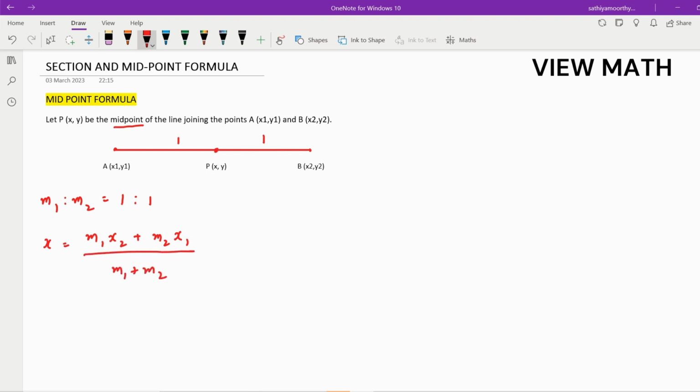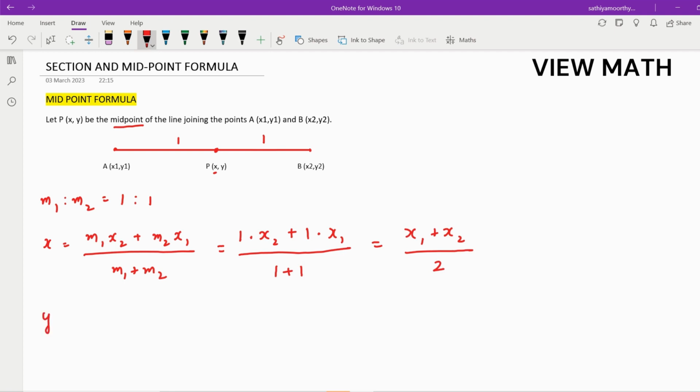Now here m1 is 1, so 1 into x2, plus m2 is 1 into x1, divided by m1 plus m2, that is 1 plus 1. So this is equal to x1 plus x2 by 1 plus 1, which is 2. So for finding the midpoint x, the formula is (x1 plus x2) by 2.